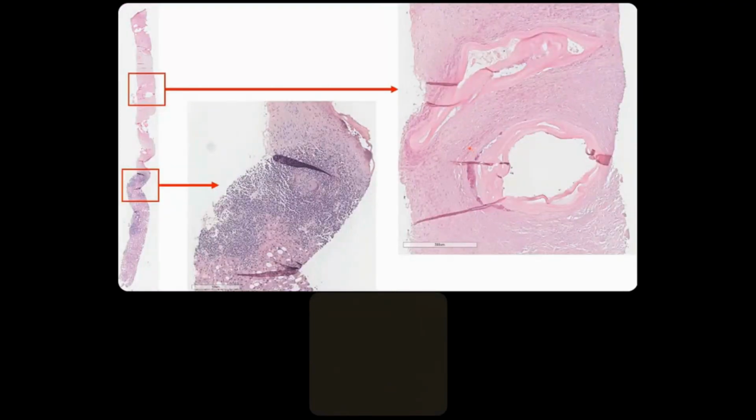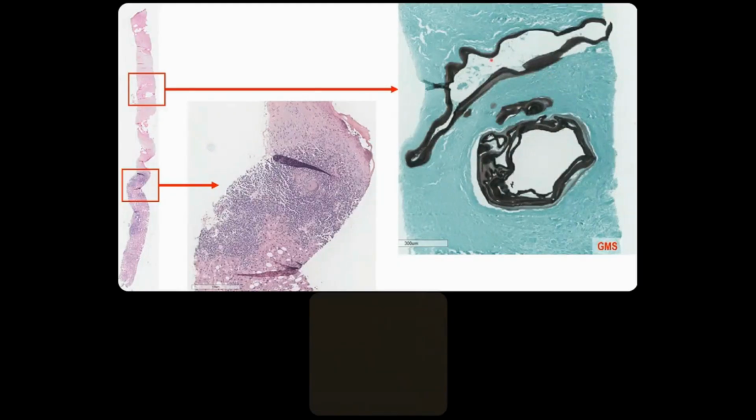Here is another example of an infection which can present with granulomatous inflammation. So you can see here the middle image shows the granulomatous inflammation, while the image on the right shows the nicely laminated membranes. And if you do a silver stain, you can see that these membranes stain strongly positive with GMS stain, consistent with an echinococcal cyst.